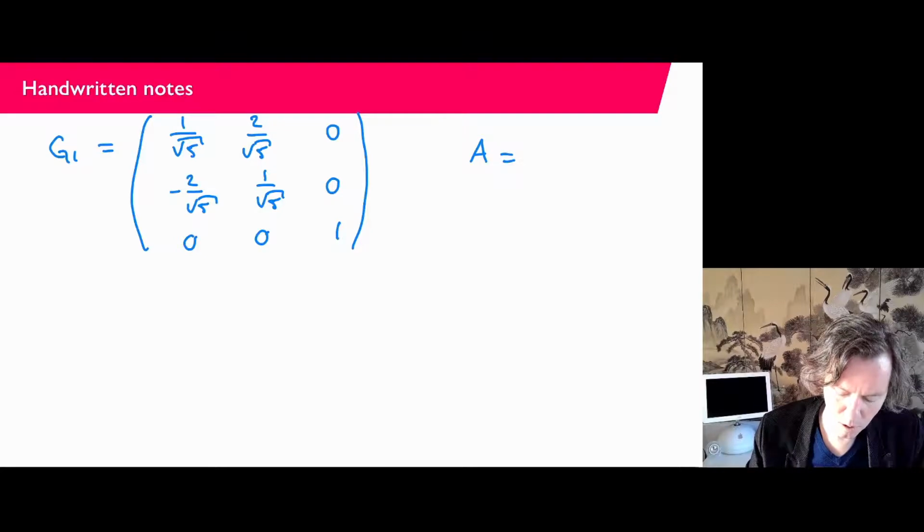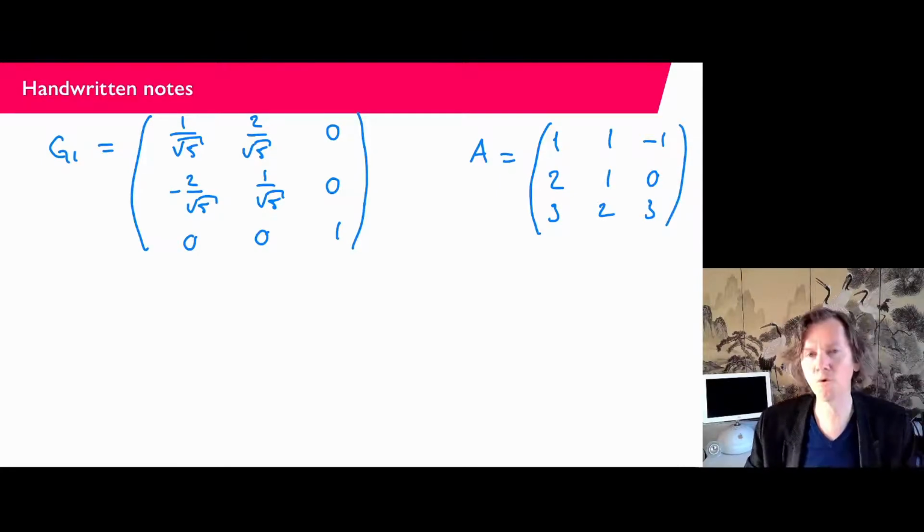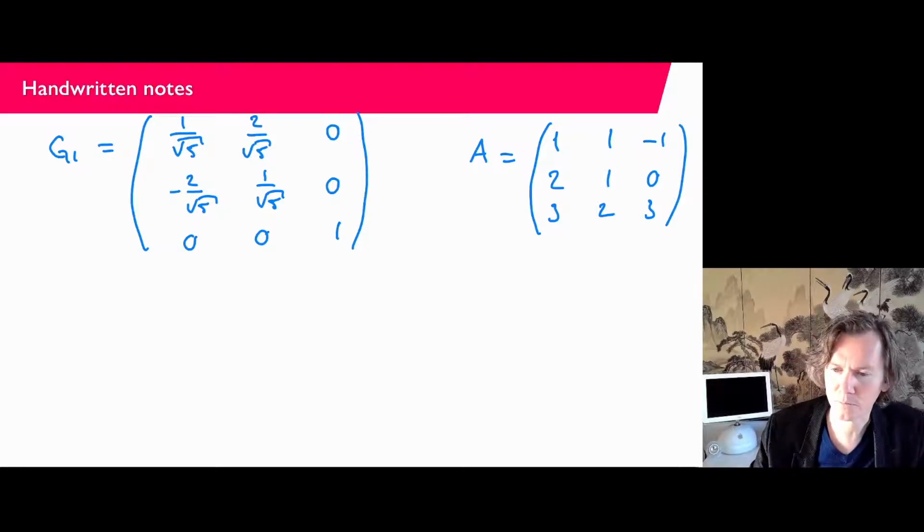A is the matrix 1, 2, 3; 1, 1, 2; minus 1, 0, 3. And as I stated before, when you are working with orthogonal matrices, because the columns have length 1, you tend to have all these ugly square roots in there.